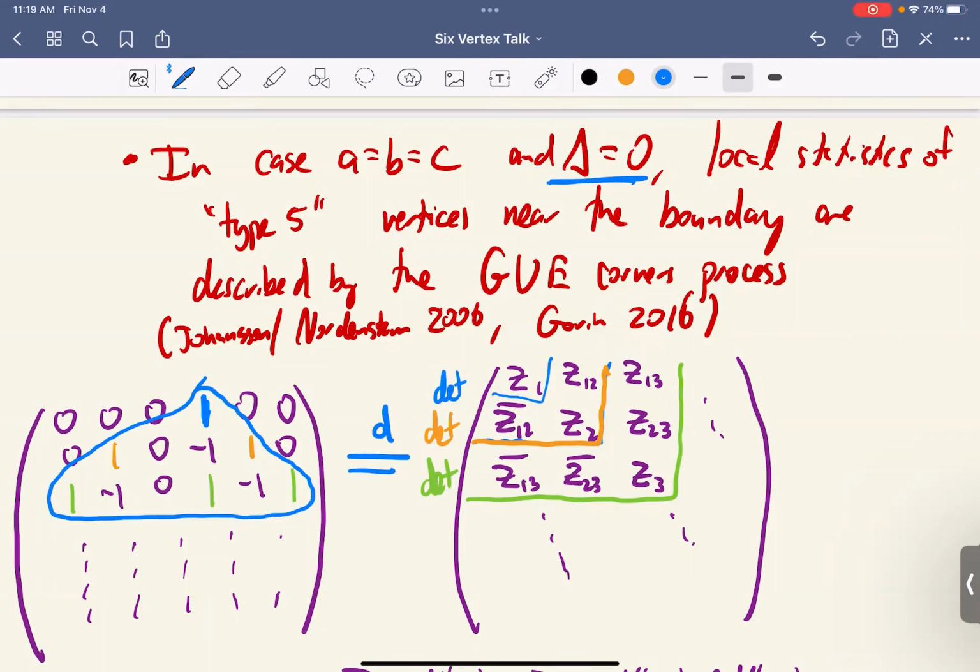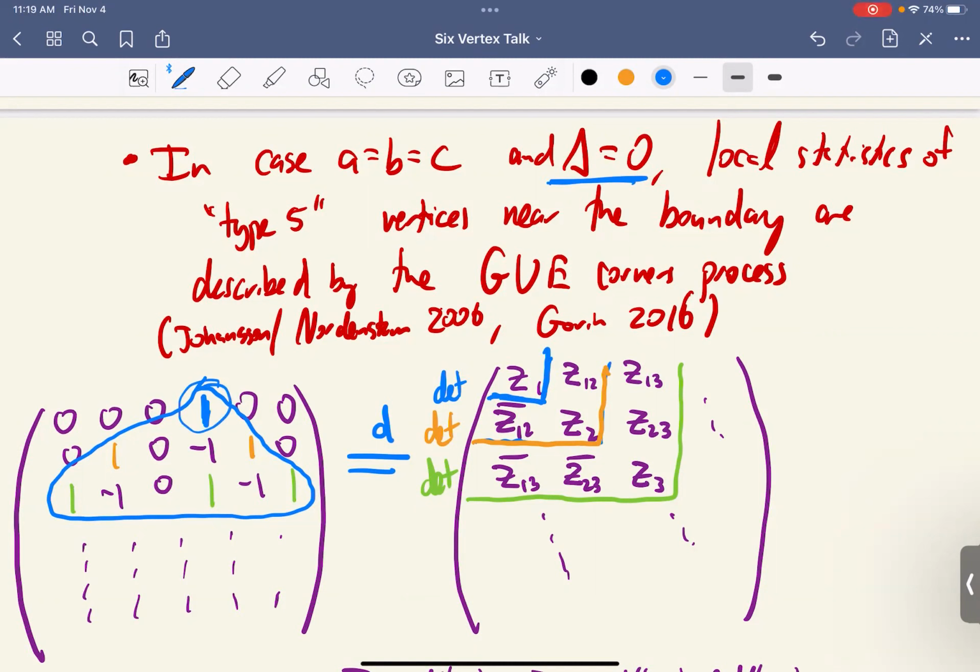So this is a process in which you fill in a matrix with a Hermitian matrix with complex Hermitian entries. And you look at the eigenvalue of the top 1 by 1 corner, and that'll be the same as the distribution of the top 1 there.